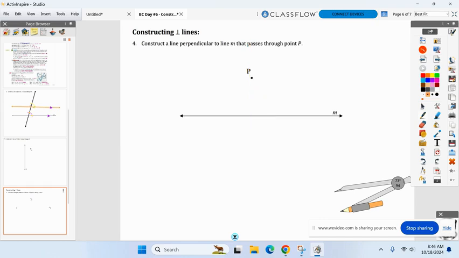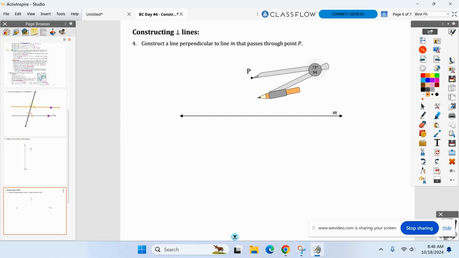Okay, how do we do this one? This is not, let me put it here, open it up more than halfway and then do one of those bad boys that cuts it in half. It does make a right angle, but we can't cut a line in half. Put your compass point on P. You guys will remember this pretty quickly. Put your compass point on P. Open up your compass so that you'll be intersecting line M in two spots. It'll look like a smile.